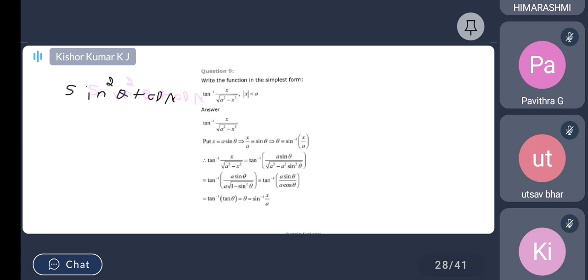Derived from this, cos square theta equals 1 minus sin square theta, so cos theta is equal to square root of 1 minus sin square theta. Now in place of square root of 1 minus sin square theta, we can easily replace it with cos theta.